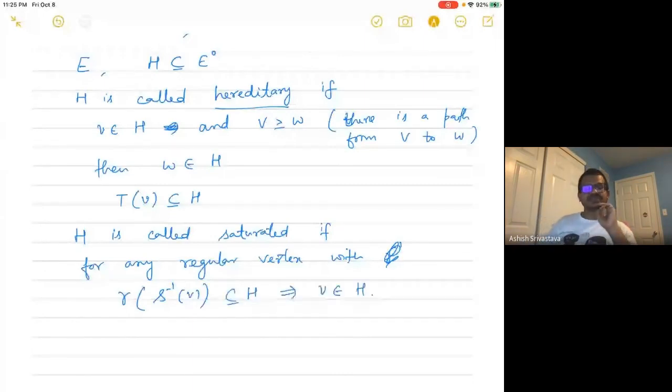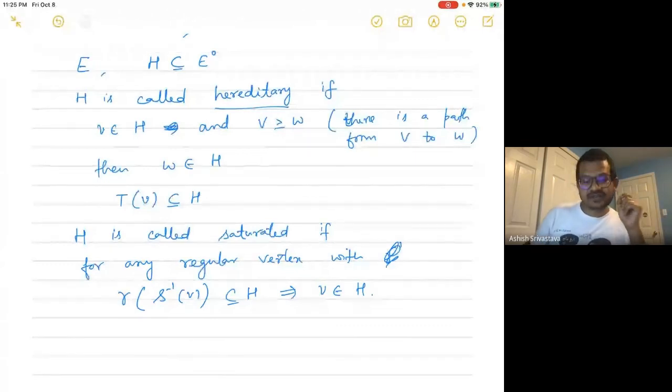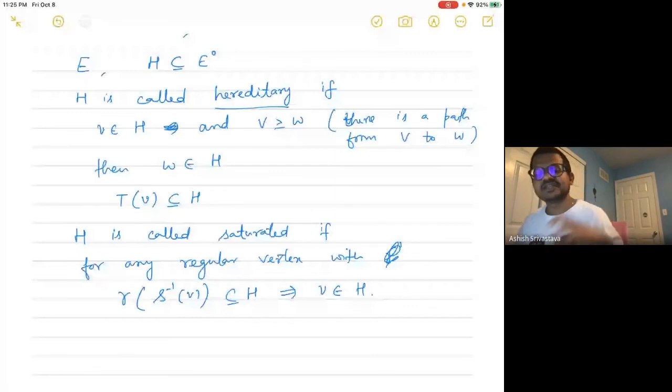In plain English, we are saying any vertex which feeds completely into H is also already in H. So if there is a regular vertex from which every edge that goes out is inside H, then that vertex must be in H as well. Okay, so that's what saturated means.